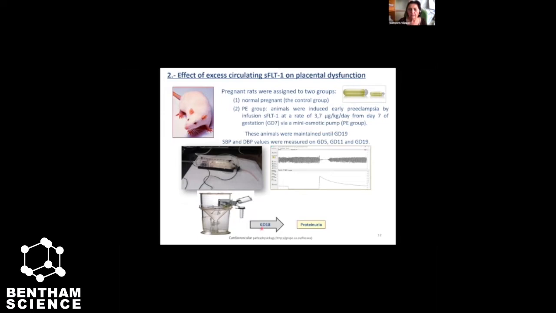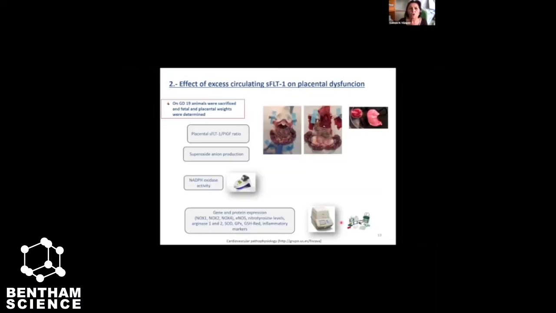On gestational day 18, rats were placed in a metabolic cage in order to collect urine to determine protein. On GD19, animals were sacrificed and fetal and placental weights were determined.